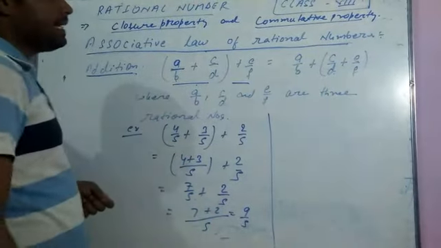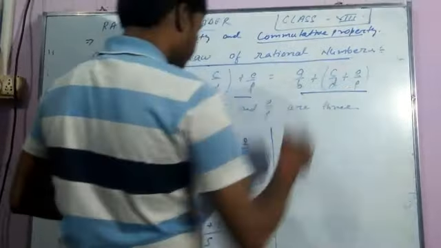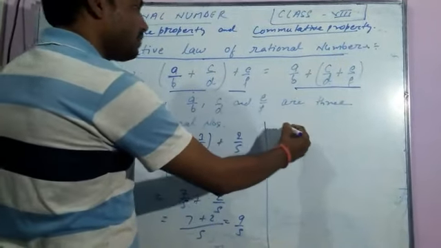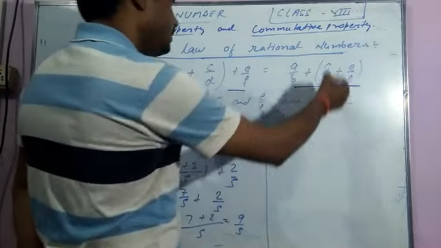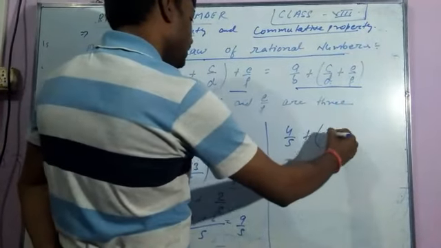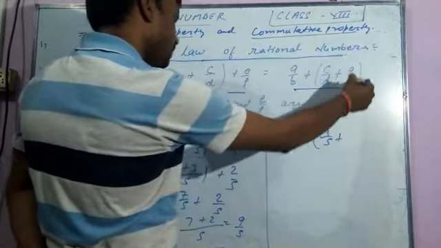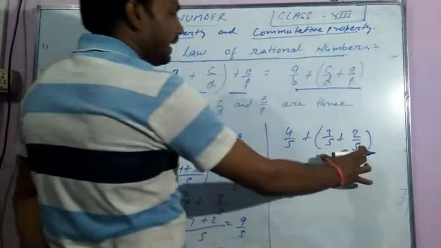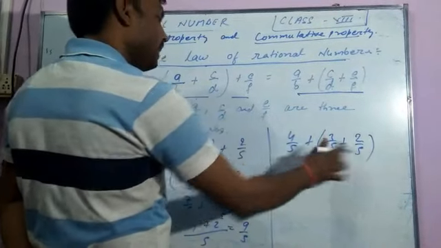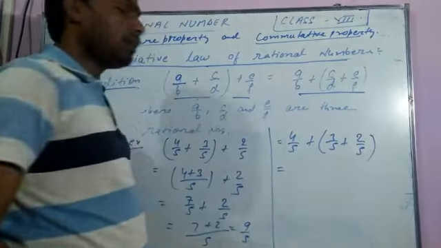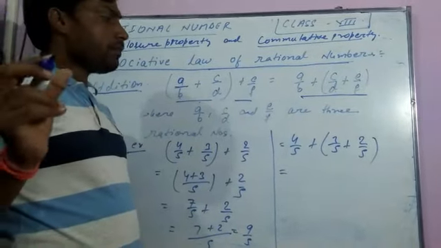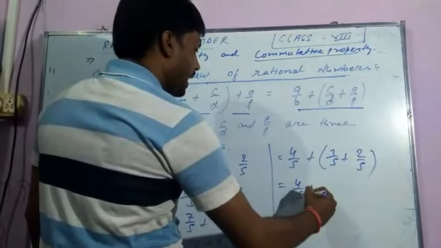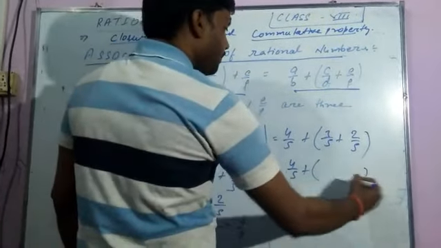If we solve the second side, then we write in place of a/b, students, 4/5, in place of c/d, 3/5, and in place of e/f, 2/5, and we have to keep the bracket on 3/5 + 2/5. First of all, we know we have to solve what is in the bracket. Then 4/5 we will write and solve.